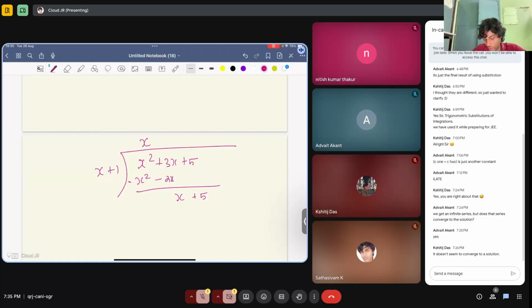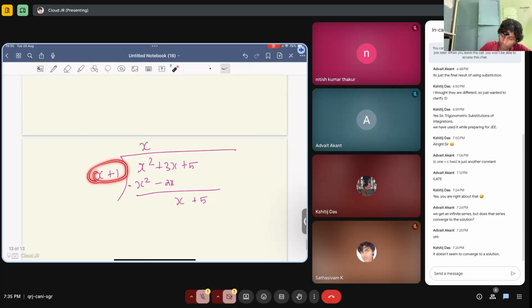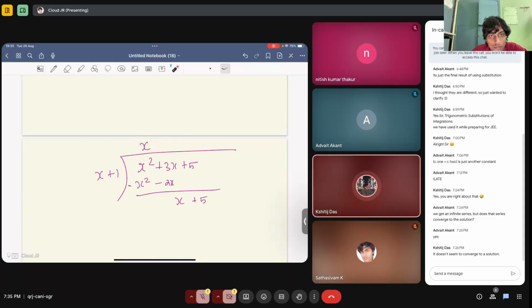Basically, if I multiply this term with this term, I get x square plus x, and I'm just subtracting that from this polynomial. That will give me whatever the remainder is. So multiply this with this, it will be x square plus x.